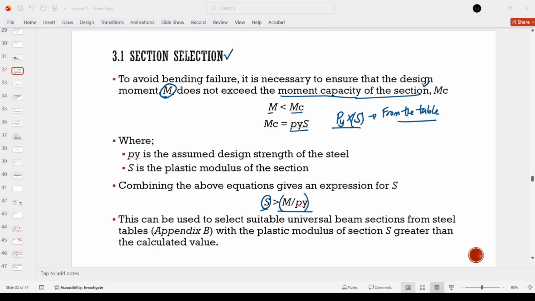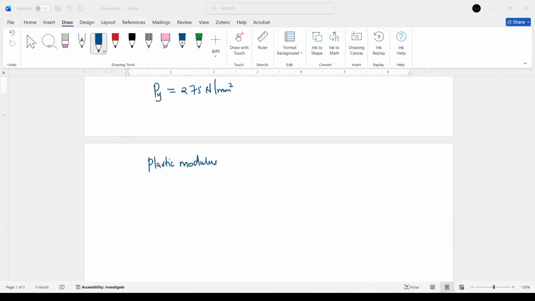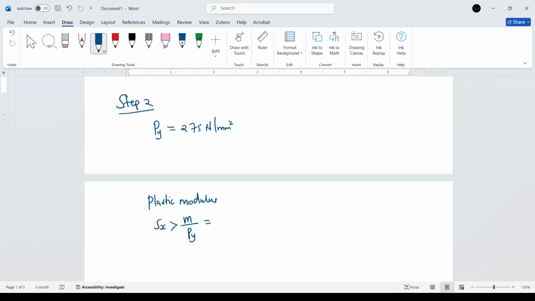So let's go back. Okay, sorry. So we said S should be, sorry, should be greater than M over PY. So what is our M? M is this.